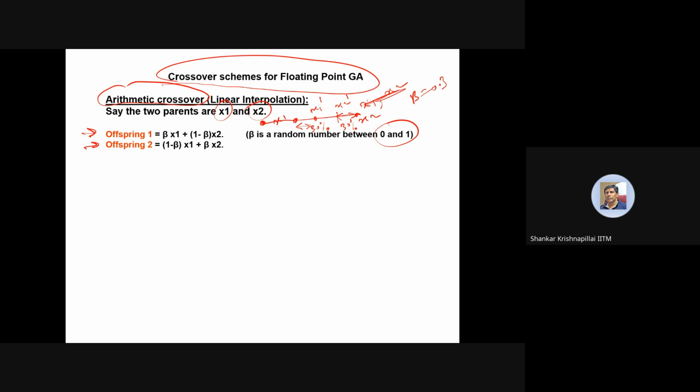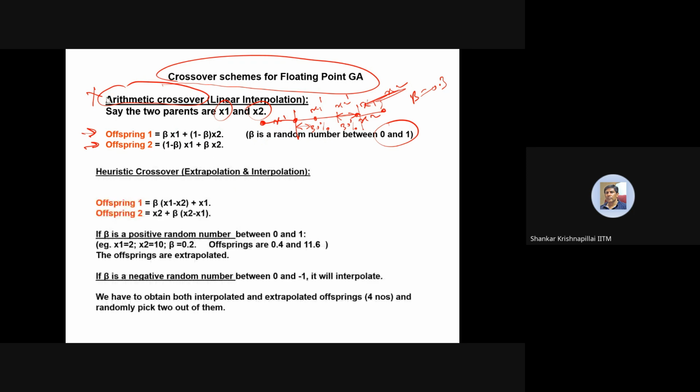We also need to explore the regions outside x1 and x2. Arithmetic crossover will not explore the regions outside the range of x1 and x2. For that there is another crossover called heuristic crossover, which will do both extrapolation and interpolation. This is the most popular type of crossover used in the floating point genetic algorithm.